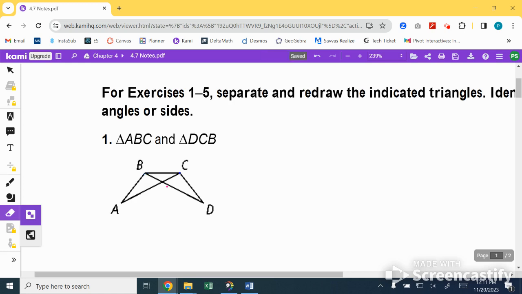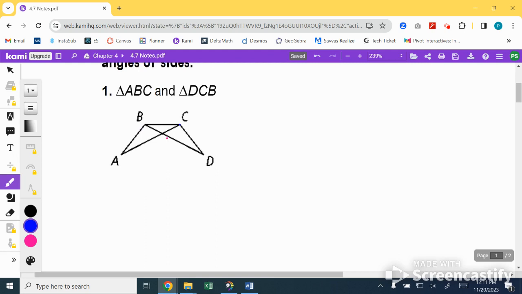So first, let's draw triangle BCD. Sorry, ABC. We're going to do A to B. So here's triangle ABC. And then I'm going to do the same thing over here.